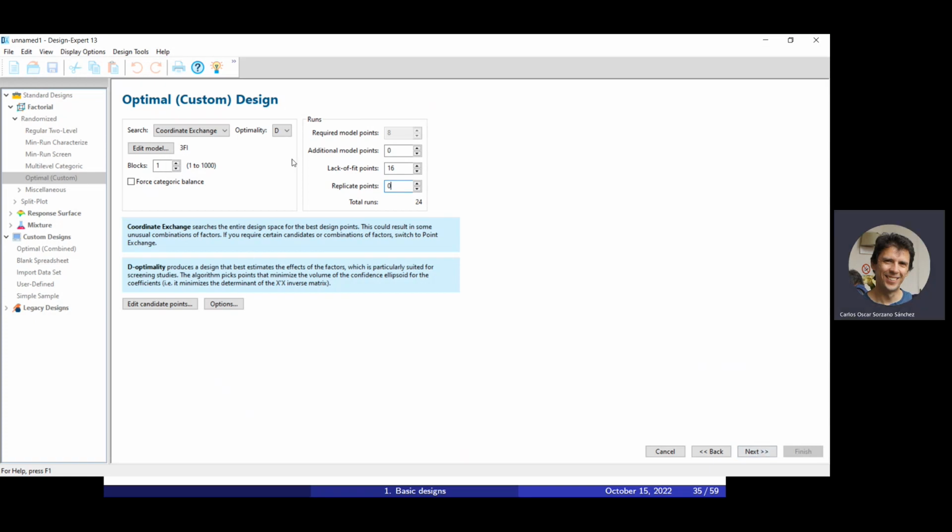Here what we are doing is optimizing. These are criteria. The optimality produces a design that best estimates the effects of the factors, which is particularly suited for screening studies. The algorithm picks the points that minimize the volume of the confidence ellipsoid of the coefficients. That is, it minimizes the determinant of the X transpose X inverse matrix.